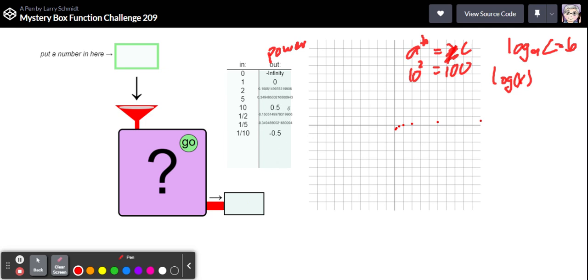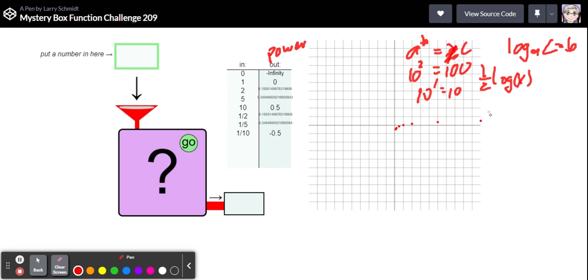And then we've got this interesting point at 10 and 1/10 that are maybe a little easier to figure out. If this was the log base 10 of x, at 10 what we would get out is a 1, right? Because 10 to the first power is 10, so the log base 10 of 10, the power would be 1. But we're getting 1/2. Now, when I did 1/10, I got negative 0.5, and this made me think we might have a multiplier of 1/2.